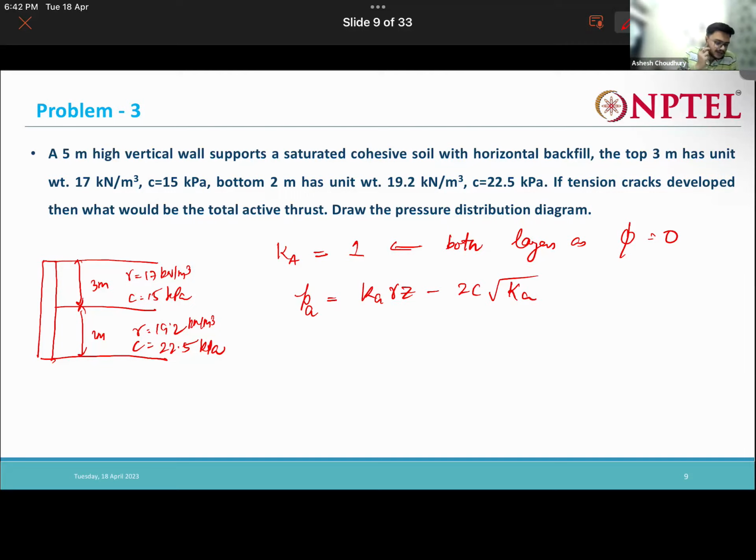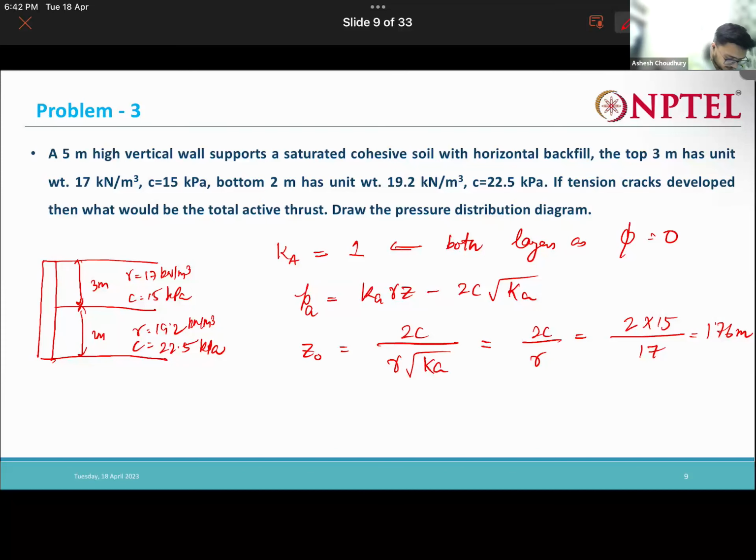Let us first find out the depth of tension cracks, Z naught. The depth of tension cracks is given by 2C by gamma root over K. K is 1, so 2C by gamma. This is 2 into 15 by gamma 17, which is 1.76 meter. So the depth of tension crack is this much.